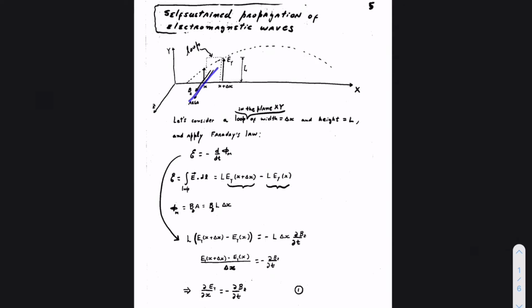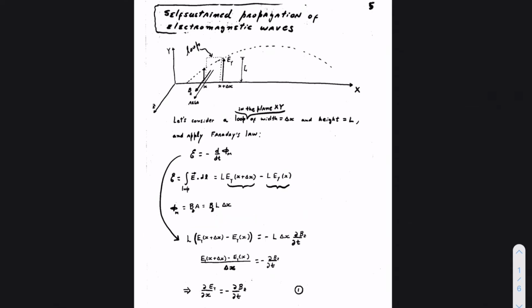So now let's find out the magnetic flux phi m through this loop. As the magnetic field is pointing in the z direction, the flux through this loop phi m should be equal to Bz times the area of the loop, which is L times delta x. So let's put these values into Faraday's law.